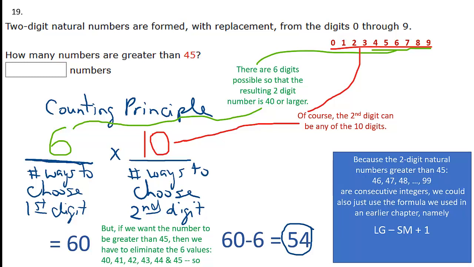That formula only works for consecutive integers, but that's what this is. So if you put 99 in for the largest and 46 the smallest, you end up with 54, just what we got doing it the other way. Using the formula we learned in the last test material is actually the easiest way to do this problem.